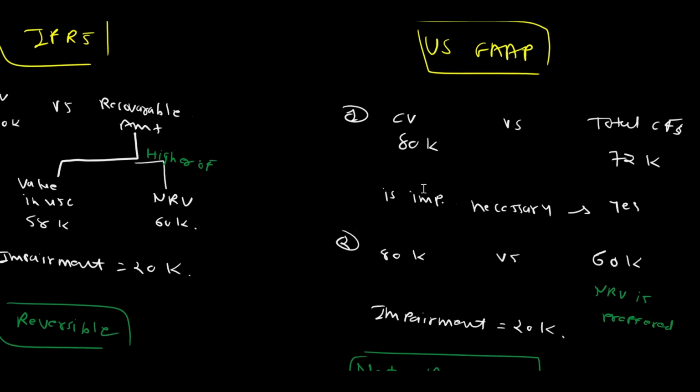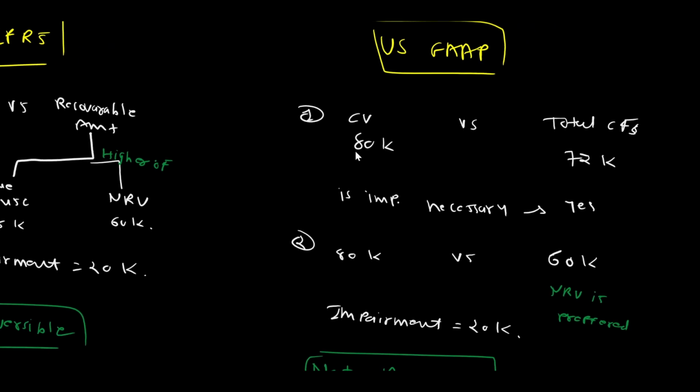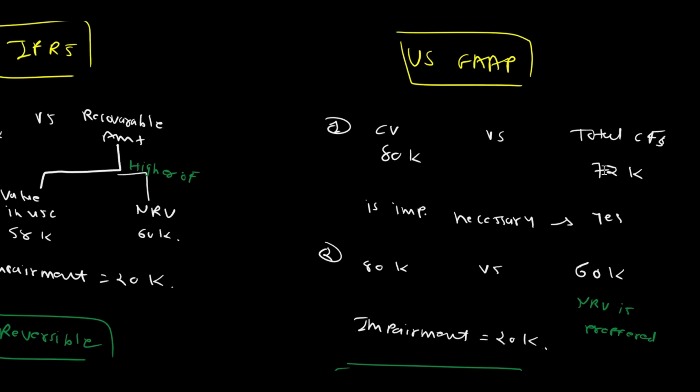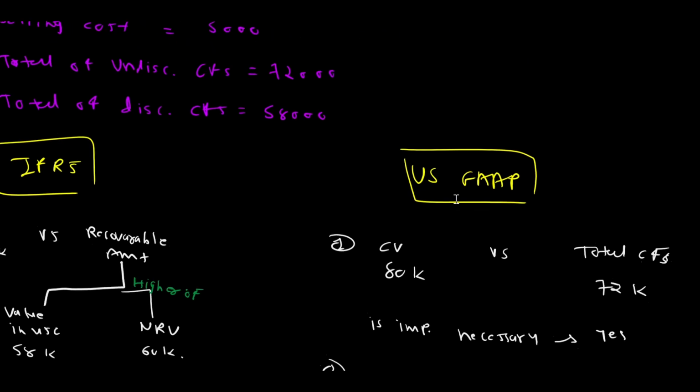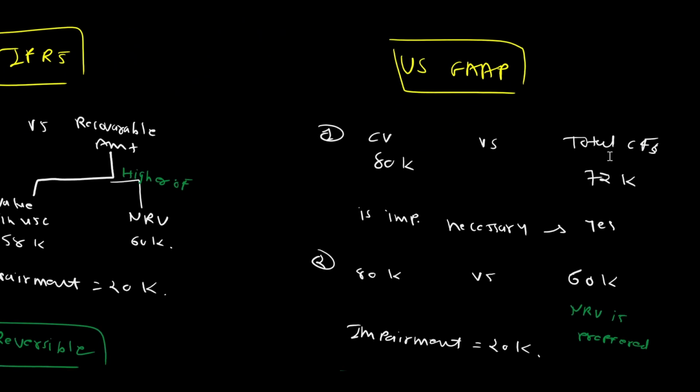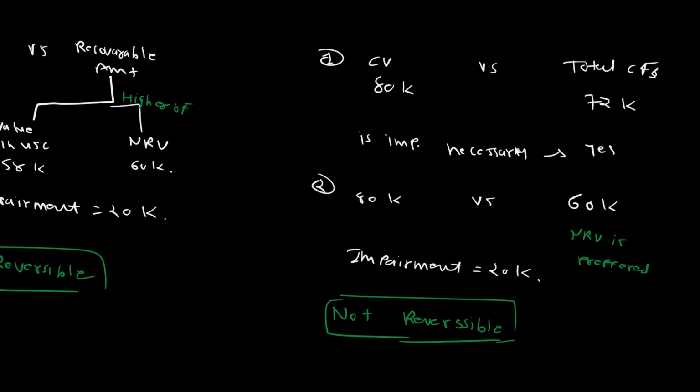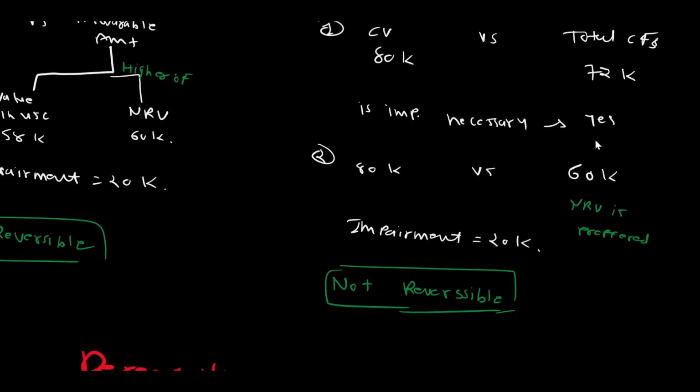In US GAAP, I check the carrying value 80 versus the undiscounted cash flow of 72. Is my undiscounted cash flow lower than the carrying value? Yes. Then I will impair. Is impairment necessary? Yes.